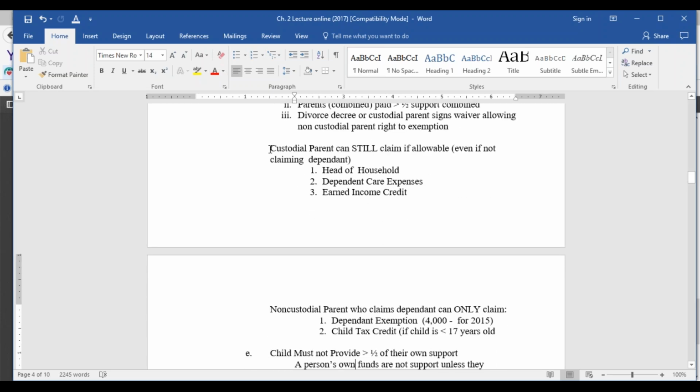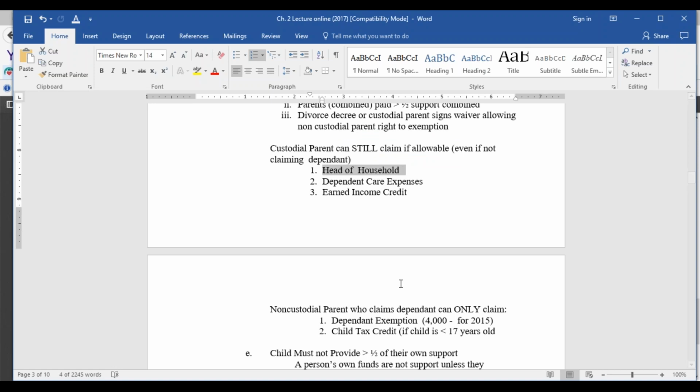However, notice this is pretty important. The custodial parent, even in the situations where they did not claim their own kid because of, say, a divorce decree, can still claim head of household even though they're not claiming the kid as a dependent.